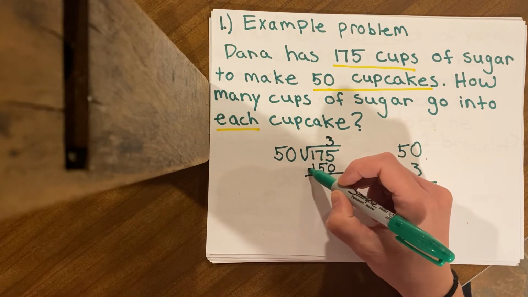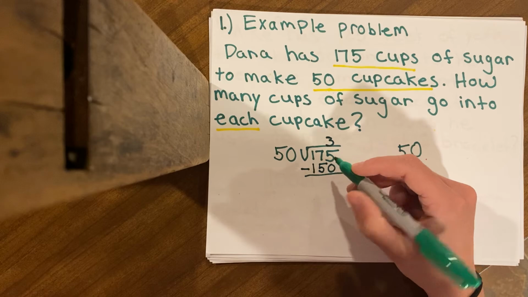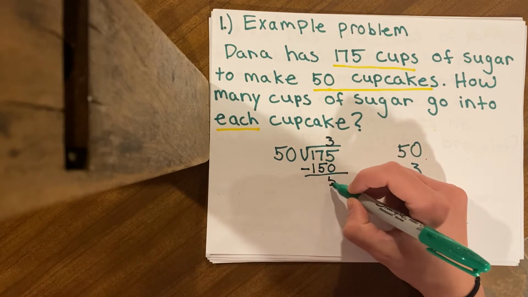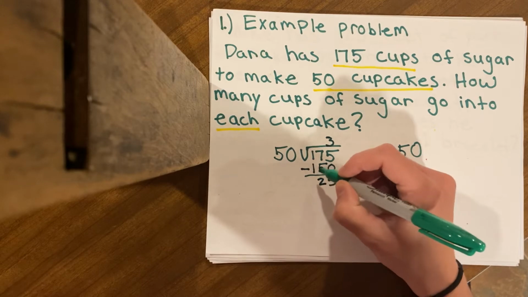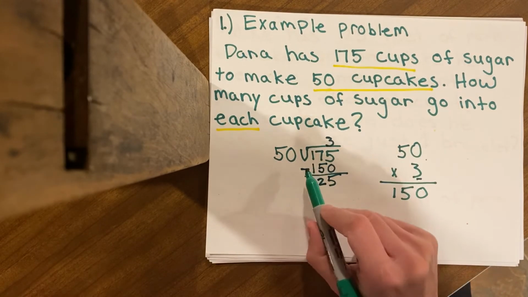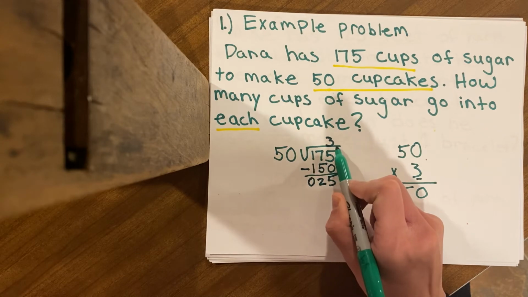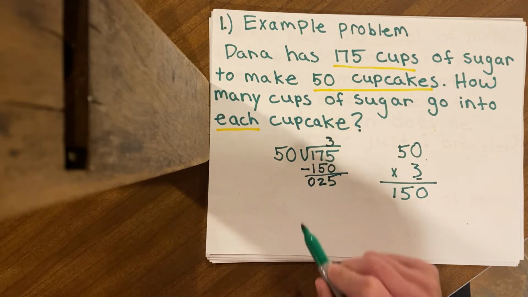Now we subtract. Okay, 5 minus 0 is 5. 7 minus 5 is 2. 1 minus 1 is 0. So now what we know is we had to put our 3 above our 5 because we knew 50 couldn't go into 1, 50 couldn't go into 17.